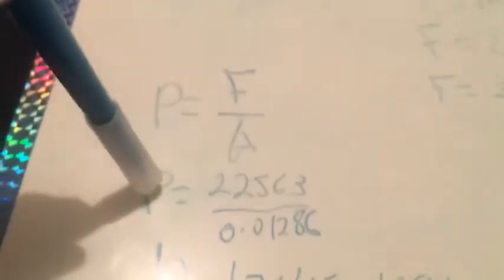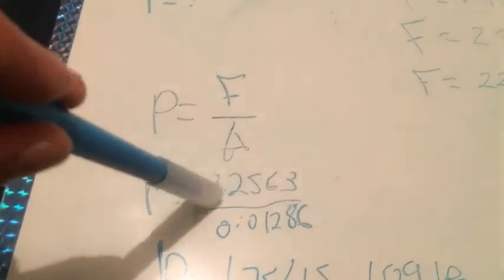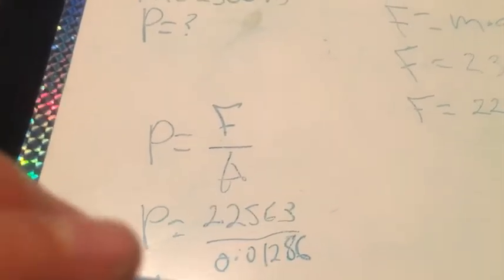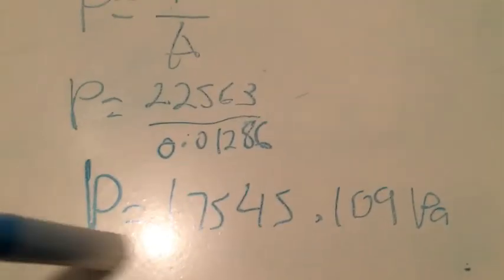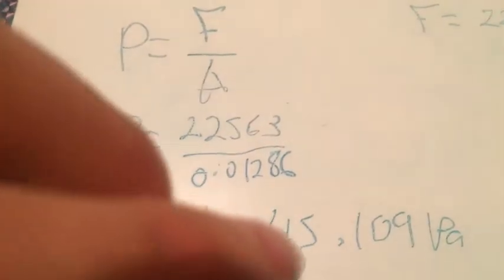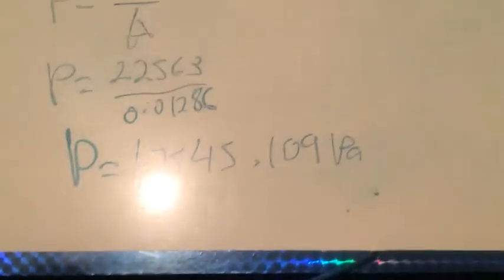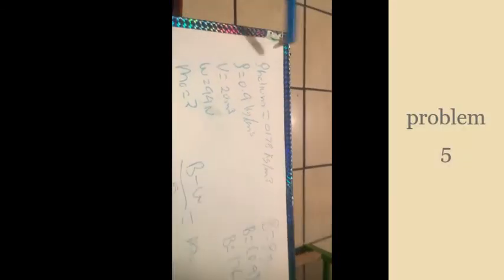Pressure is going to be equal to force over area, so pressure is 22,563 over 0.01286, and the result is pressure equals 70,545.109 pascals.